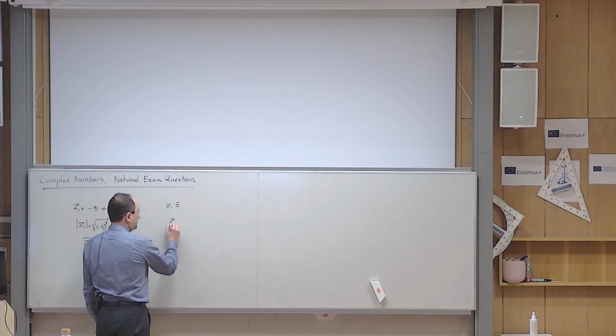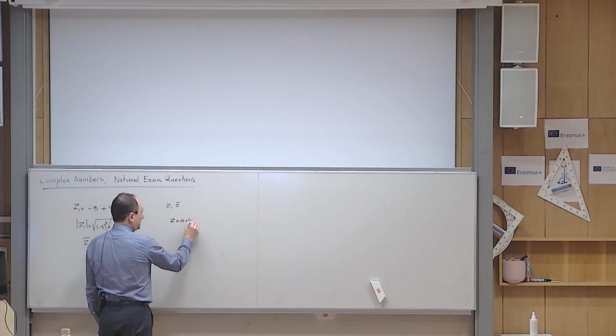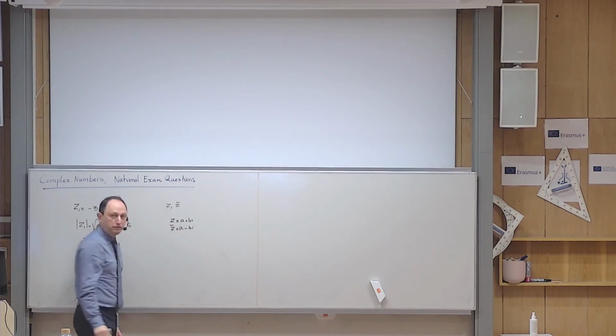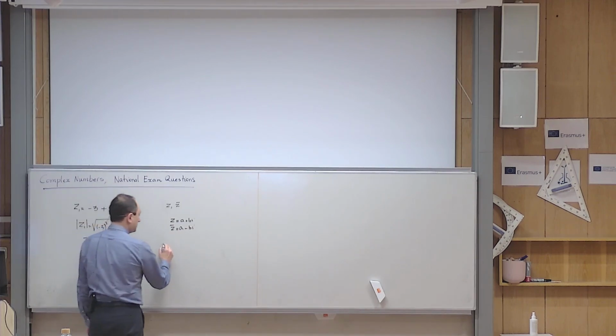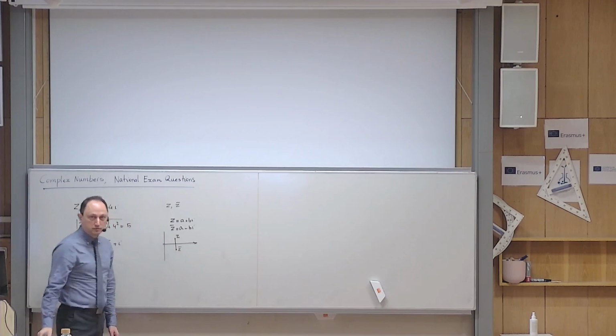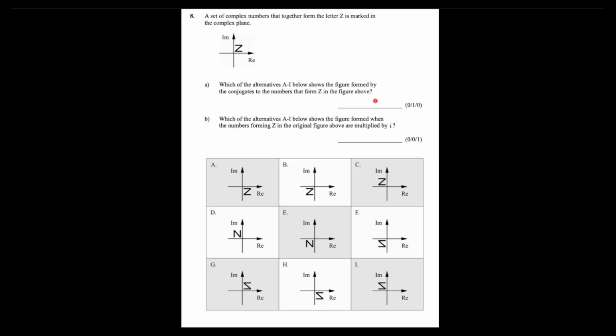Because you know that if Z is a plus bi, Z bar keeps the same real part, but the imaginary part will be flipped. So if Z is here, its complex conjugate will be the mirror image of that part. So the only thing that you need to do for the first part is to imagine what happens if I flip that letter Z with respect to the horizontal axis.